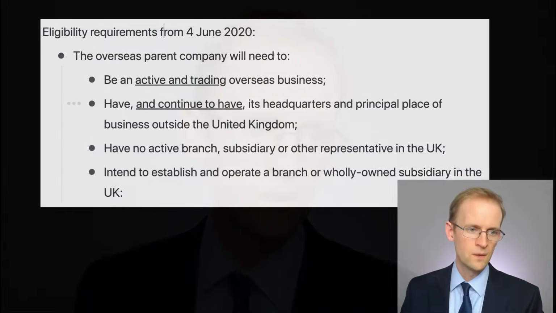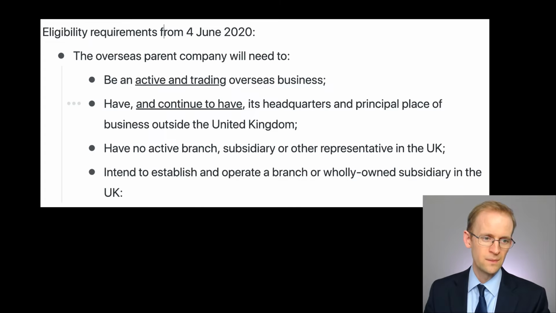So to start with, the requirements for the overseas company: it's got to be an active and trading overseas business, and that's a new requirement, but I suppose it's always been implied in the rules. And you've got to have and continue to have its headquarters and principal place of business outside of the United Kingdom.